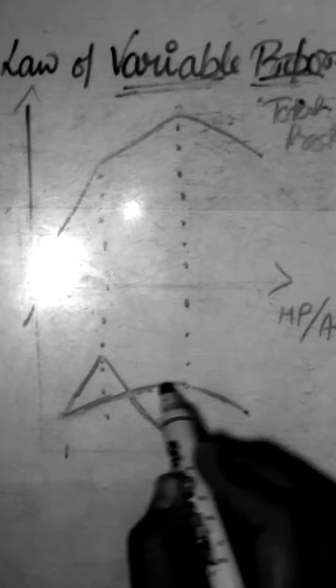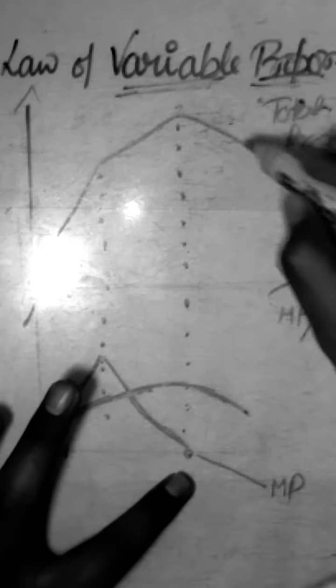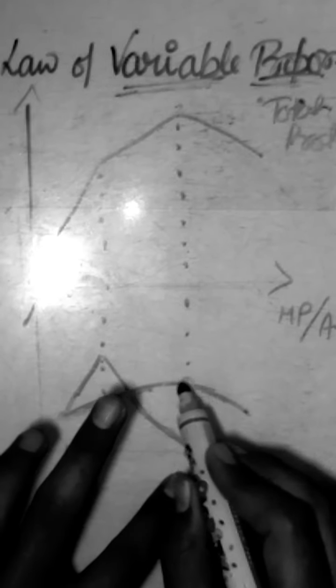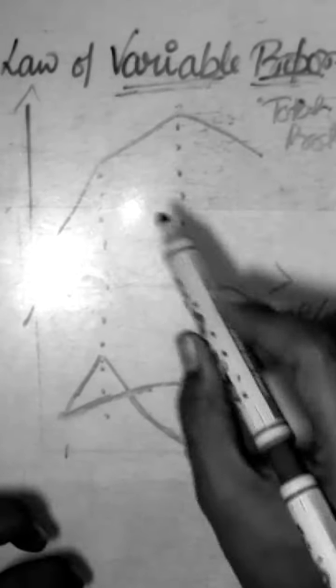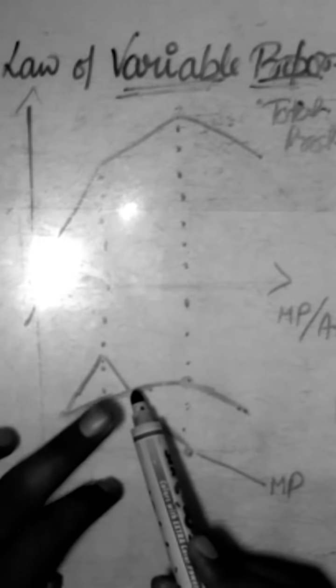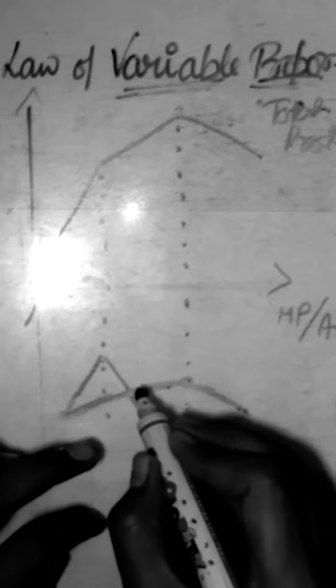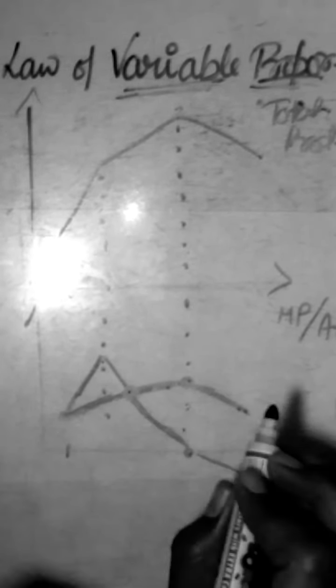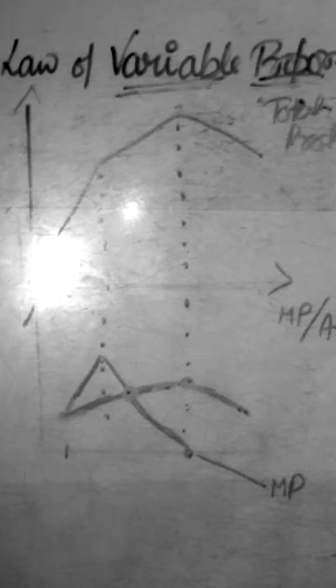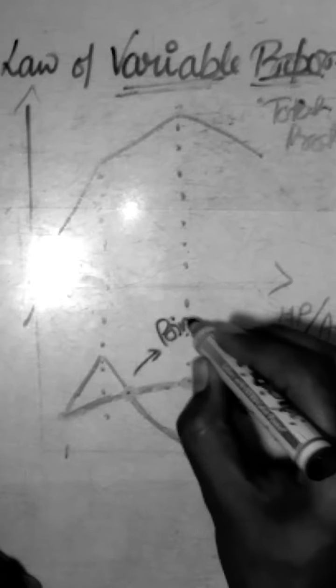So it is very practical to think that if the total production starts falling, then automatically the average product will start falling. As long as the total product is rising, the average product keeps on rising, but at a very conserved rate. So this point is also known as the point of inflection.